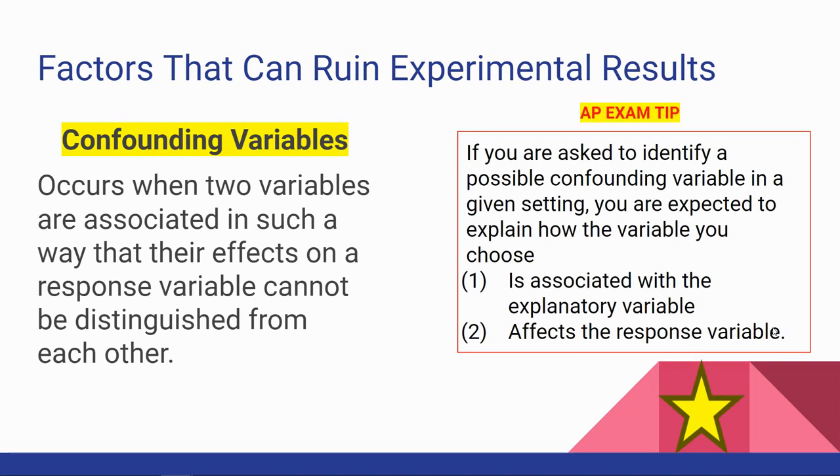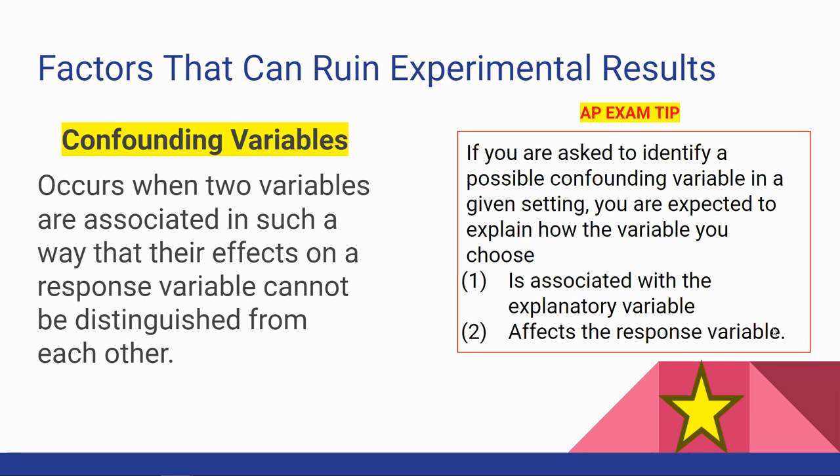Confounding occurs when two variables are associated in such a way that their effects on a response variable cannot be distinguished from each other. Some people call a variable that results in confounding, like the number of doctor visits per year in a case, a confounding variable.